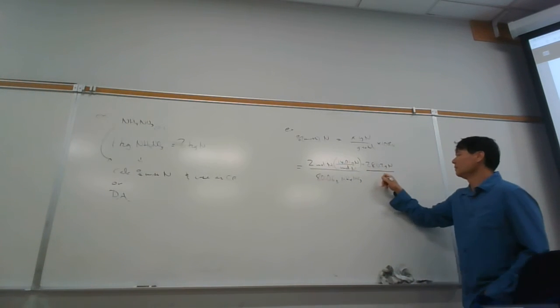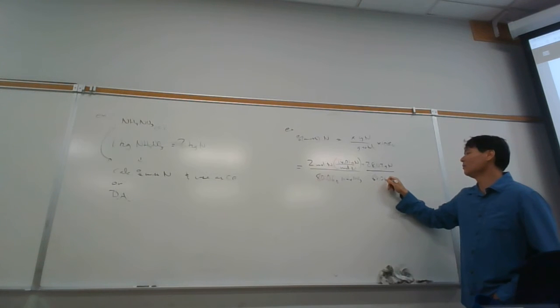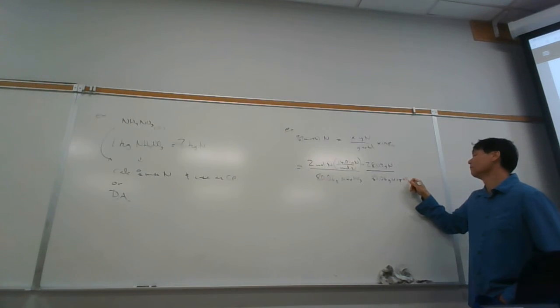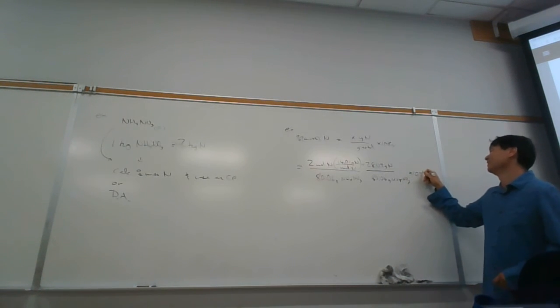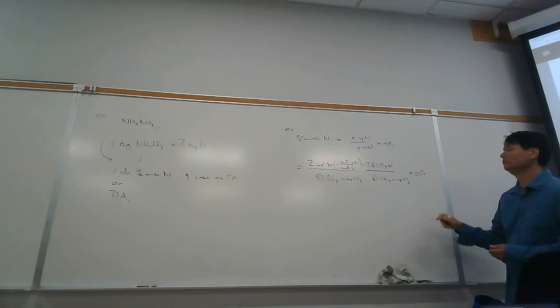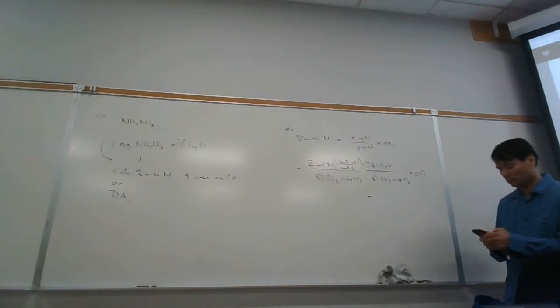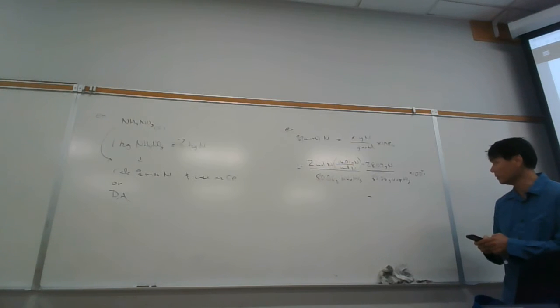Okay, so this is going to be divided by 80.06, and then we want to convert it into percentage. To convert it into percentage, we just multiply by 100%. And so this is 28.02 grams of nitrogen atoms divided by 80.06 grams of ammonium nitrate times 100.